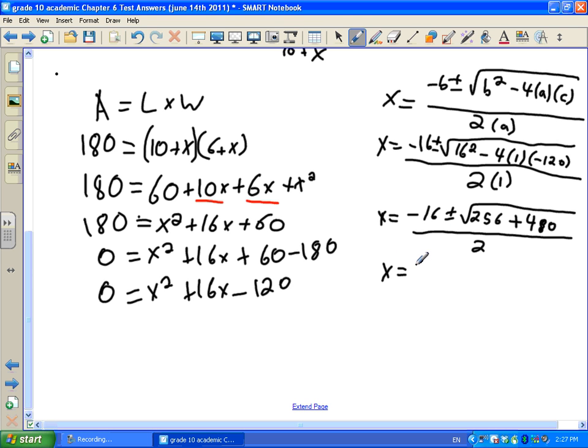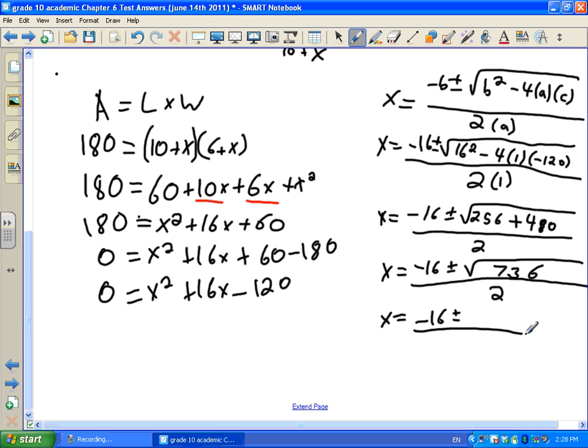Next line is going to read x is equal to negative 16 plus or minus the square root of 736, divided by 2. Now, the square root of that number is 27.129.